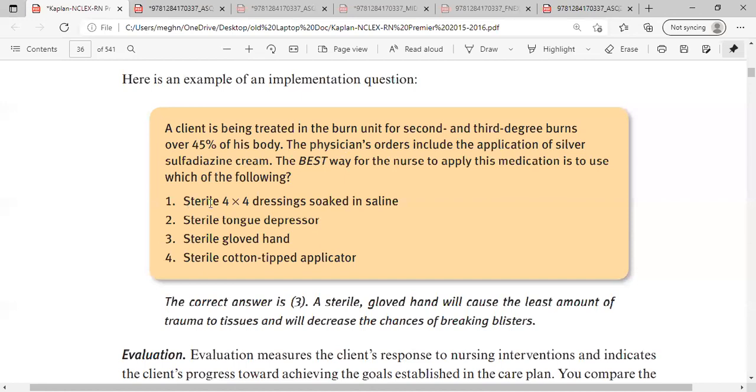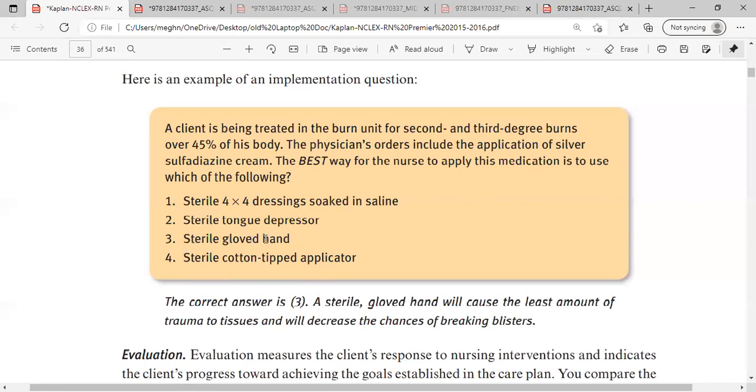Sterile gauze, sterile 4 by 4 dressing, the saline, sterile tongue depressor, sterile gloved hands, or sterile cotton tip applicator. So we need all, but which one is the first priority?